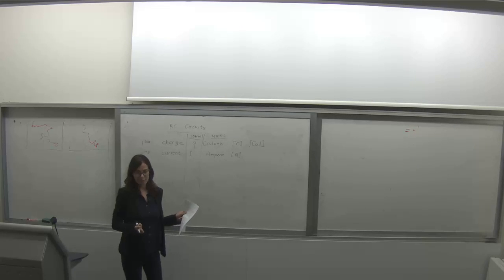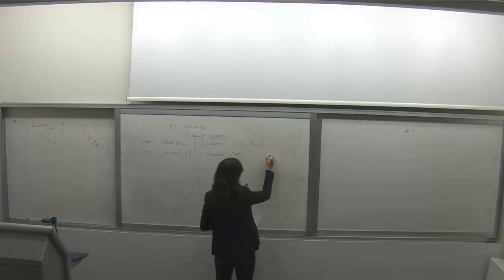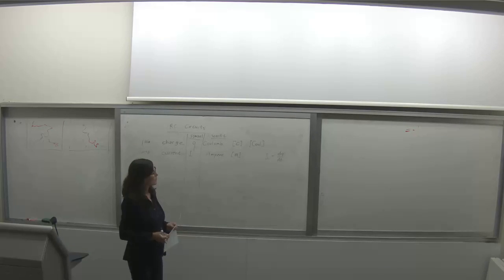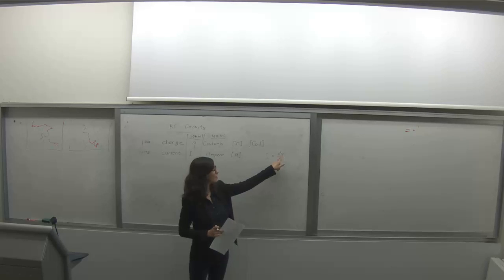It can be variable. This is why we can't just use this measurement. We have to use something that is more precise, and that's a derivative. Okay? So the change in the charge amount is the current. It can be a function of time if this derivative is a function of time.